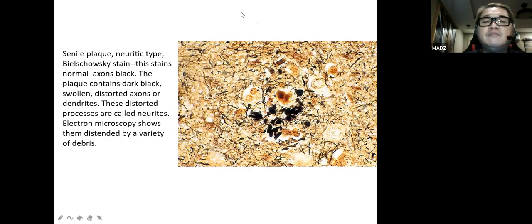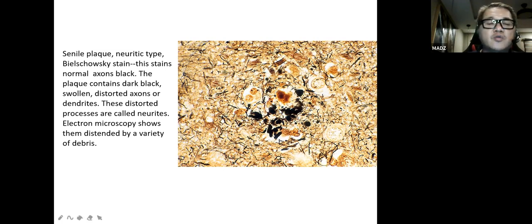What we also see in patients with dementia are senile plaques, which are of the neuritic type. They usually use the Bielschowsky stain to stain this, and normal axons usually stain black. So the plaque contains dark black swollen distorted axons or dendrites, and these distorted processes are called neurites.